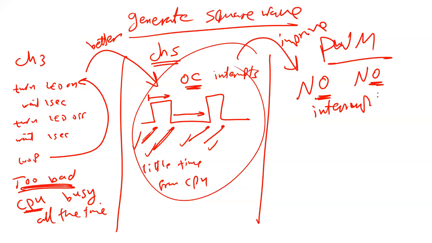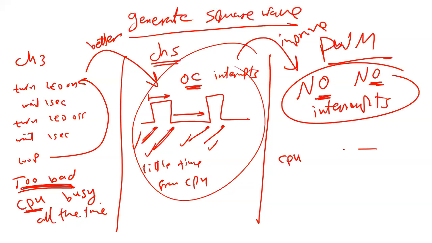This topic has no interrupts. You may think it has interrupts, but it doesn't. Okay, this one is going to be very interesting. It's going to do some magic. I'm going to tell you how. Okay, so what happens is that this is the CPU, and this is the pulse width modulation.